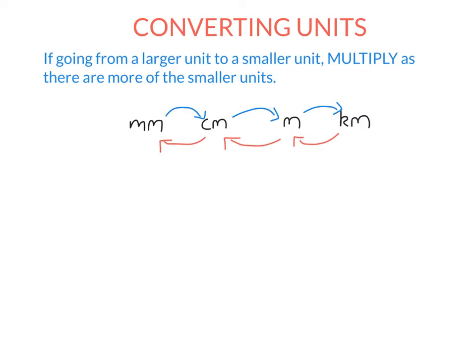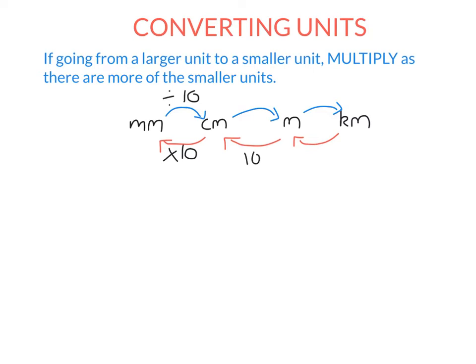You should know by now that, for example, there are 10 millimeters in a centimeter. So 10 is going to figure in our calculations here. The rule is if you're going from a larger unit to a smaller unit, you times. So if I want to go from centimeters to millimeters, I times. If I want to go from millimeters to centimeters, I divide.